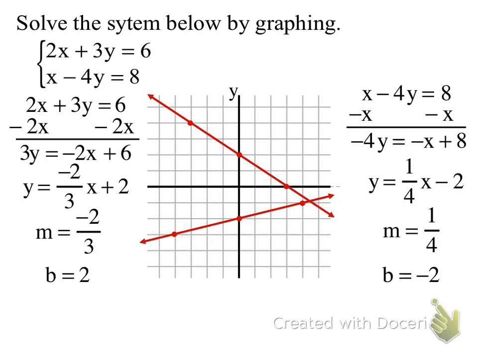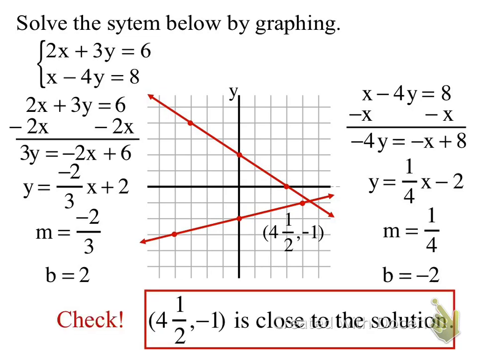It's in between boxes, so we can't get an exact location, and there is absolutely no way to estimate it. We can say the point is close to 4.5, comma negative 1, but it's not at it. Does that make sense? And that's why we use substitution and elimination.